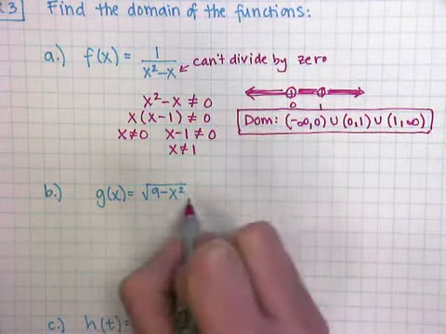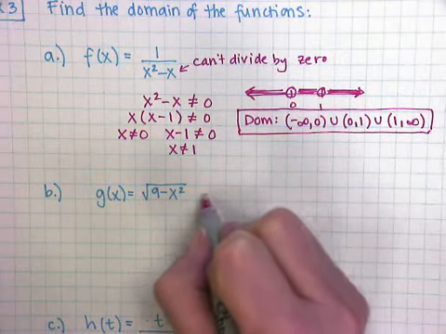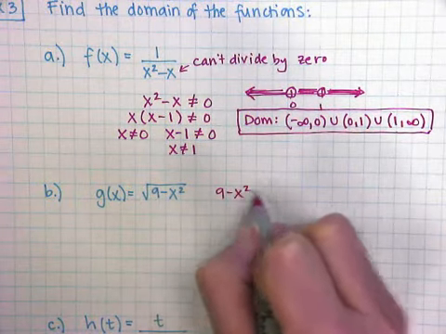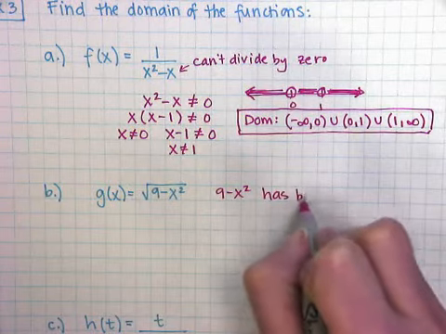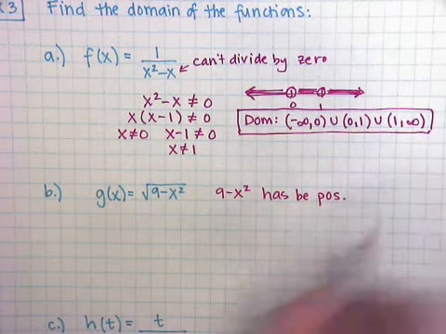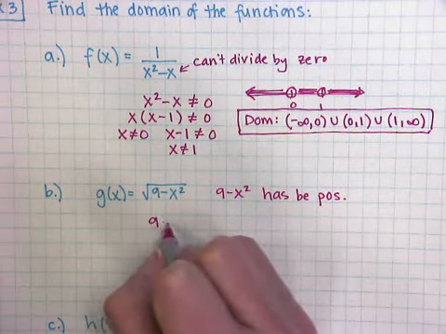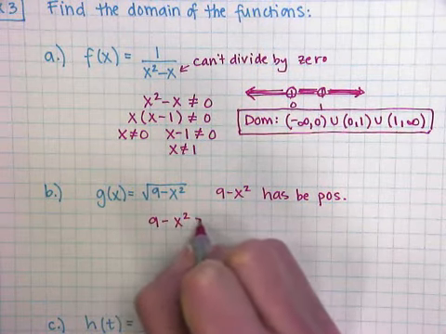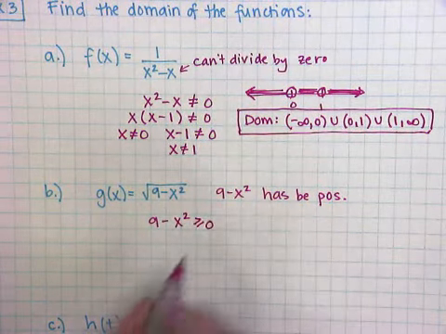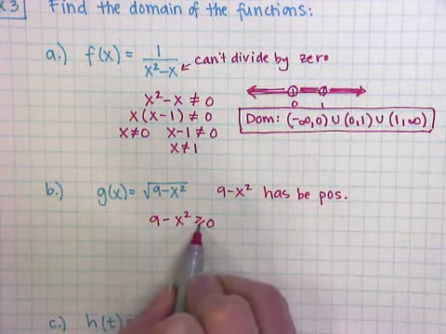On the next problem, recall that under a square root, the 9 minus x squared has to be positive because we can't square it into a number and get a real answer. To say that algebraically, we would say 9 minus x squared must be greater than or equal to 0. And now here we have a quadratic inequality.